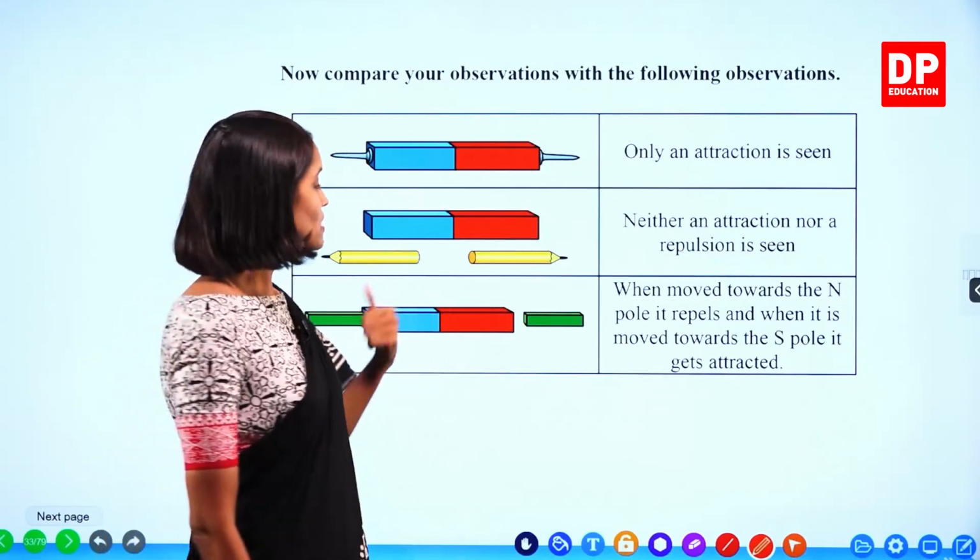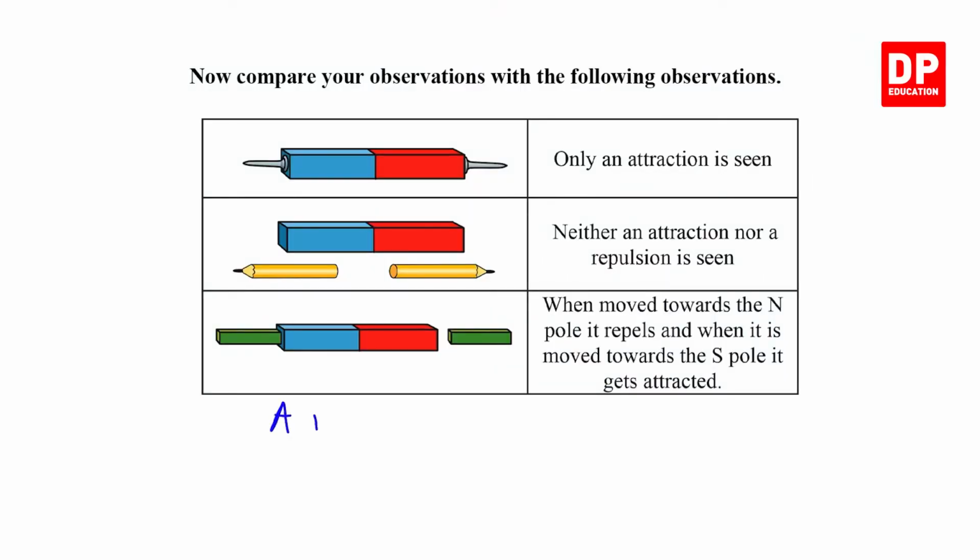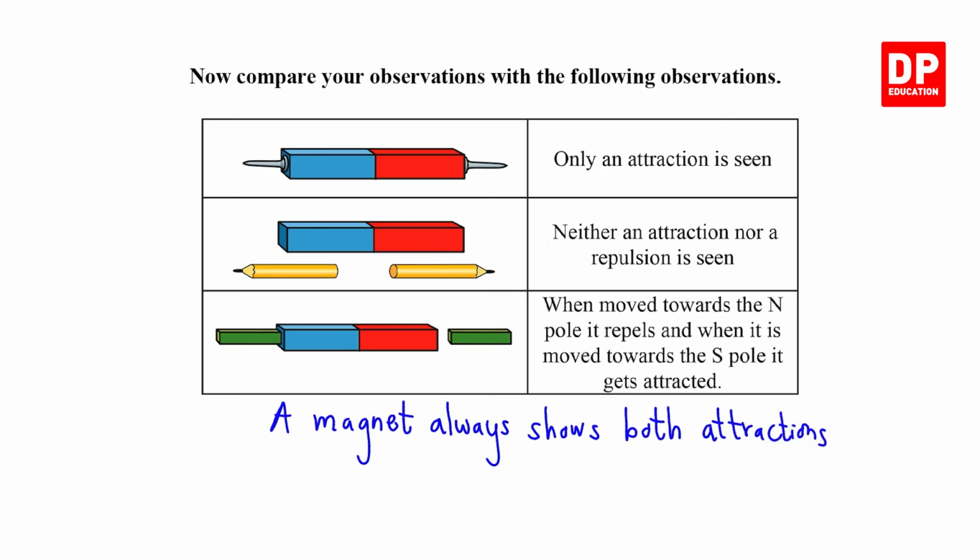Understand, children? We'll write this one. A magnet always shows both attractions and repulsions with another magnet.